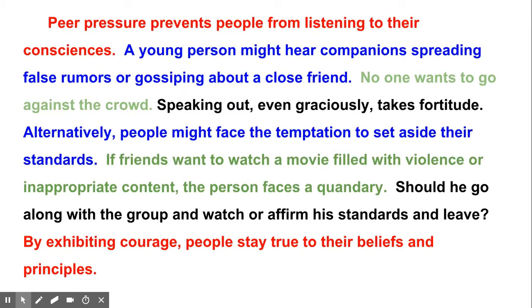And then you have the last example or explanation, which is: should he go along with the group and watch or affirm his standards and leave? If you look at that, you can see that it falls together pretty nicely.